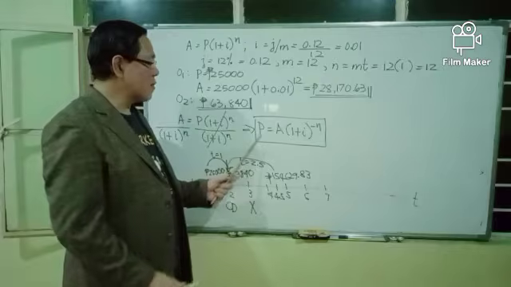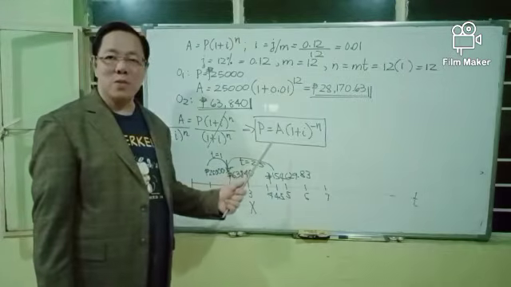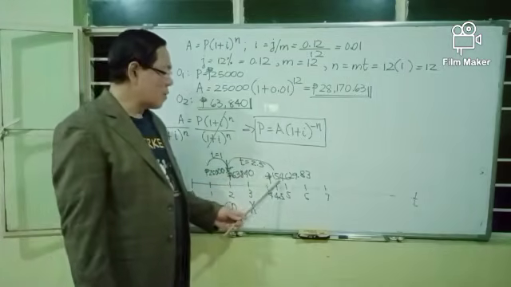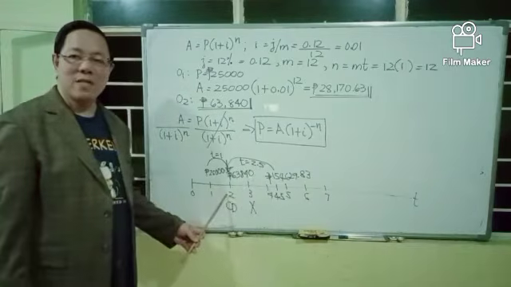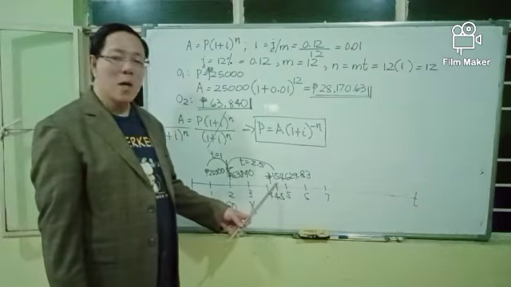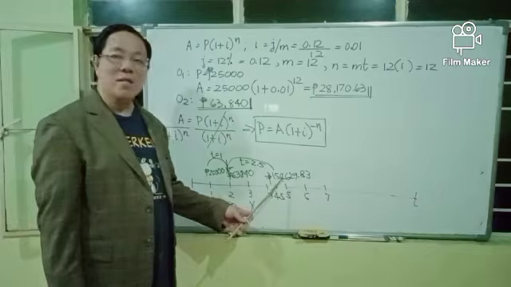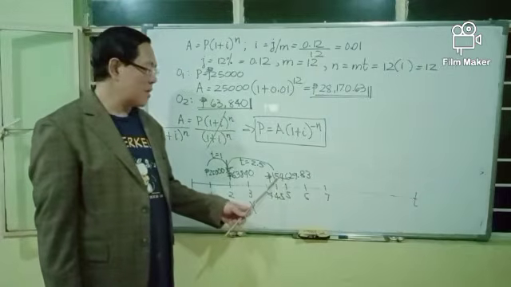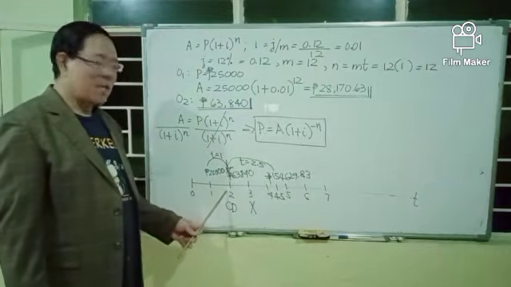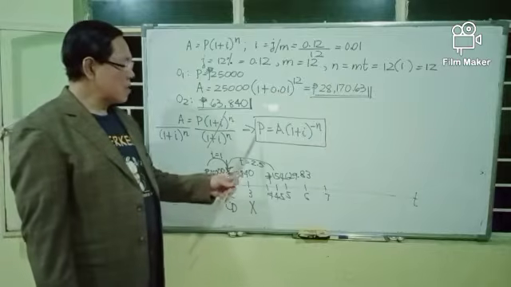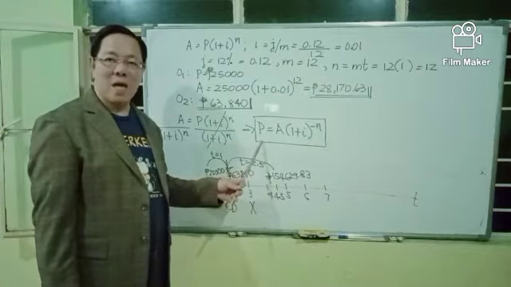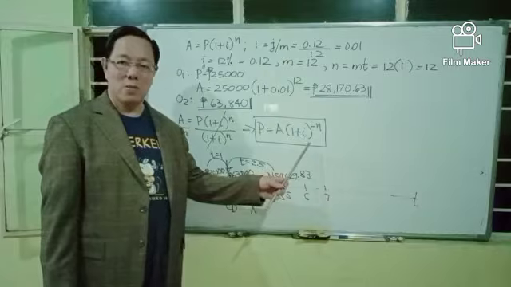And this is the formula that you will use whenever you want to find the value of an amount at an earlier date, or whenever you want to discount an amount, that is, you want to find its present value at an earlier date. That means you solve for P, and this is the formula that you will use.